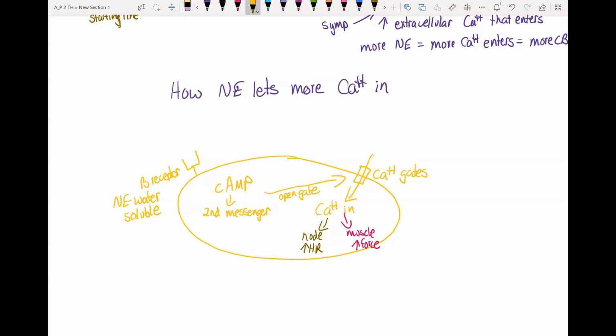So what you have here is norepinephrine binds to the beta receptor. So this is going to be step 1. Norepinephrine binds to your beta receptor. Step 2 is that then activates the cAMP, the second messenger.